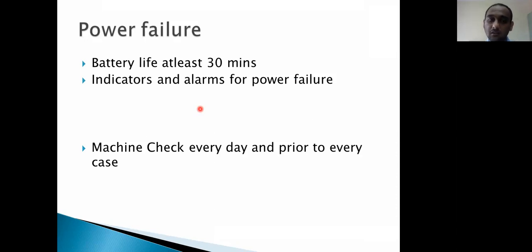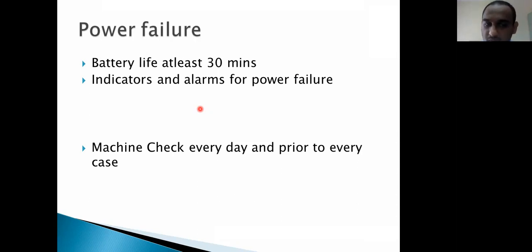So this is a mandatory safety feature which gives everyone time, the anesthesiologist as well as the hospital management, to ensure that the electricity power supply is restored, with a 30-minute safety period.